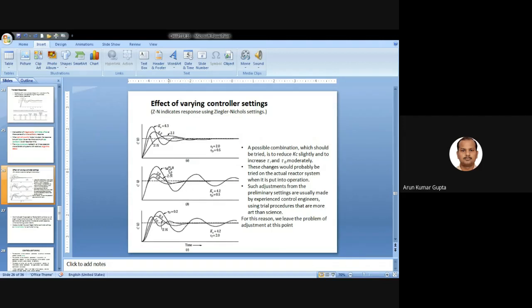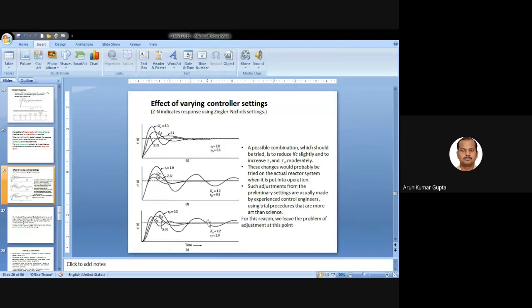If tau I is the variable, keeping Kc and tau D constant, and I vary tau I as 1, 2, 5, the Ziegler-Nichols setting of tau I equal to 2 gives very good control action. Similarly, keeping Kc and tau I constant, if I vary tau D as 0.2, 0.5, and 1, you can see 0.5 gives very good control action.